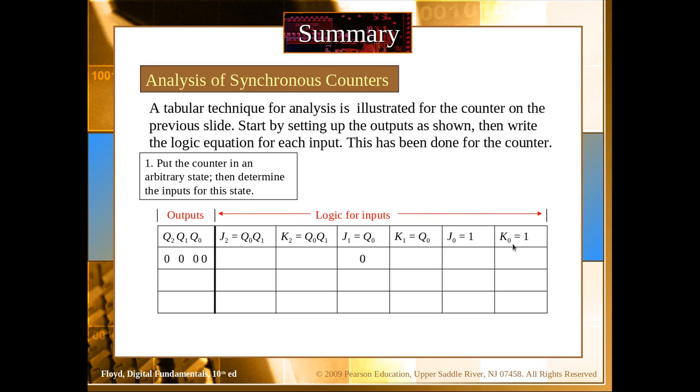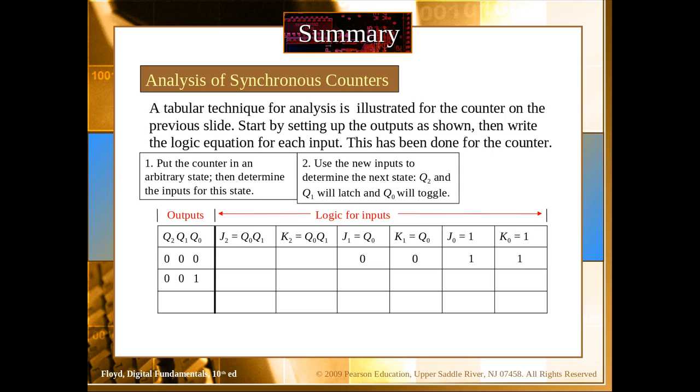With this, you can easily determine that J1 and K1 would be 0 in the beginning, because Q0 is 0, it's the first output. J0 and K0 are constantly high, so they will always remain 1.